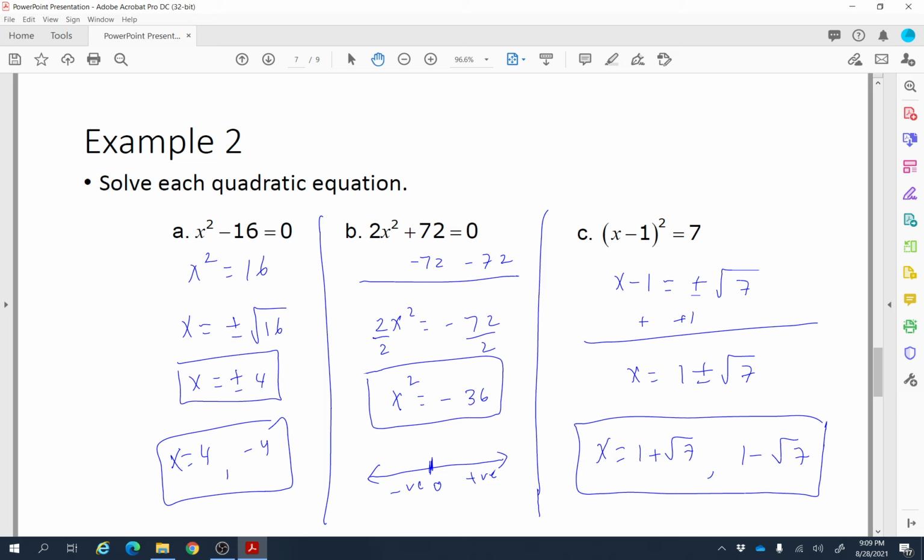But this statement is saying that we are looking for a real number x whose square is negative 36, and that is not possible, so no real solution. If you are interested in finding an imaginary solution, that is possible, but I'm not going to talk about that here. So for this kind of situation, there is no real solution.